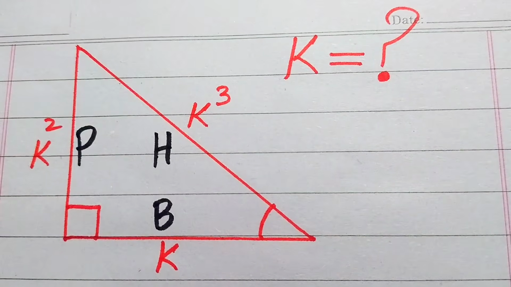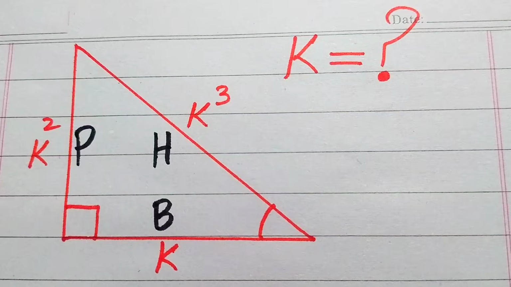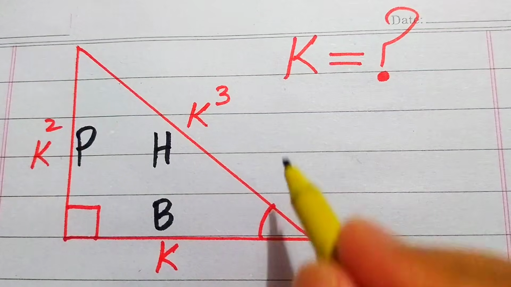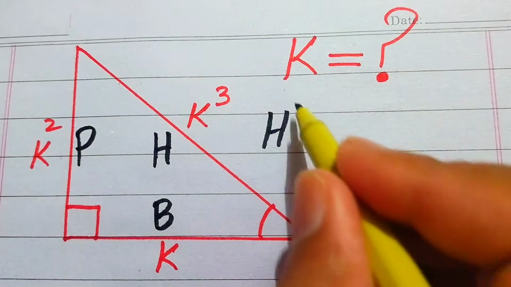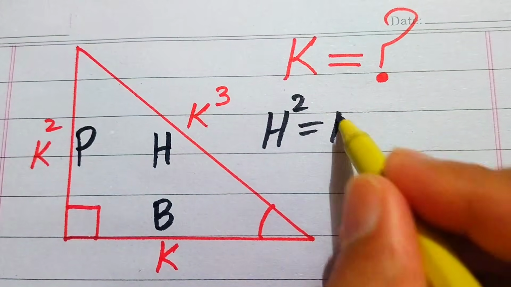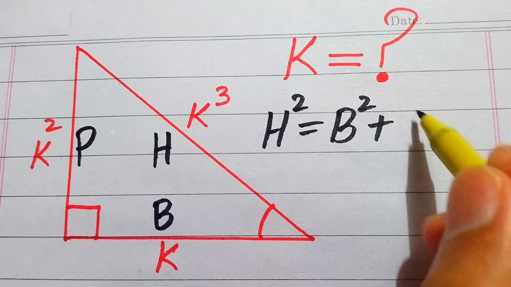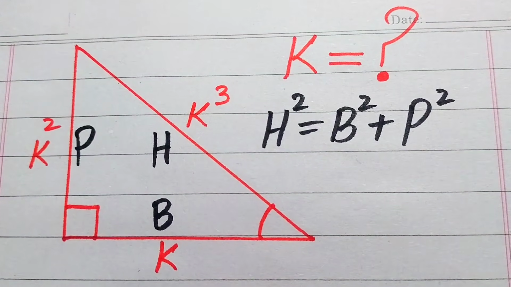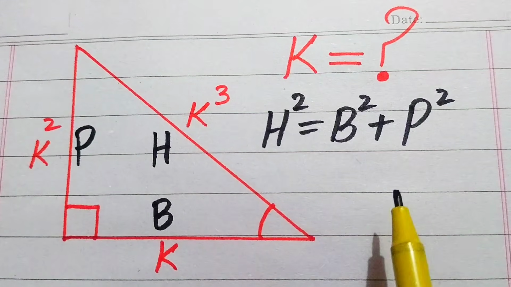Further, because this is a right triangle, the Pythagoras theorem holds in it, and the Pythagoras theorem is stated as hypotenuse square is equal to base square plus perpendicular square. Here we substitute the values of h, b and p.